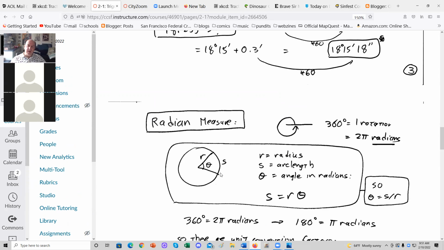Well, here's the idea. You take an angle, put the vertex at the center of a circle, and here's an angle theta, which we'll measure in radians. The circle has a radius r. This has an arc length of s. And the radian measure is s divided by r. That's in some sense abstract, non-human, non-cultural.